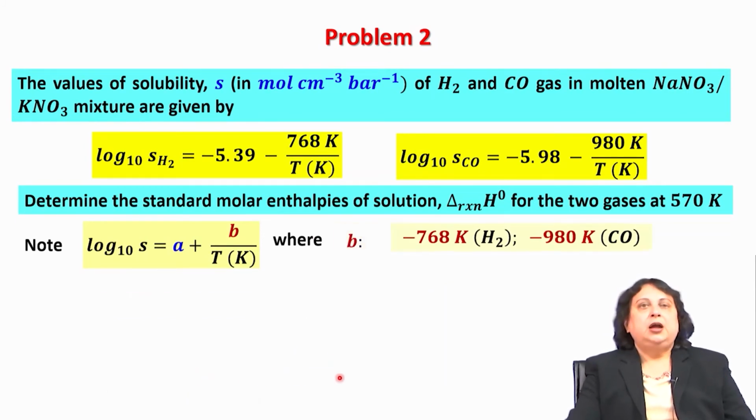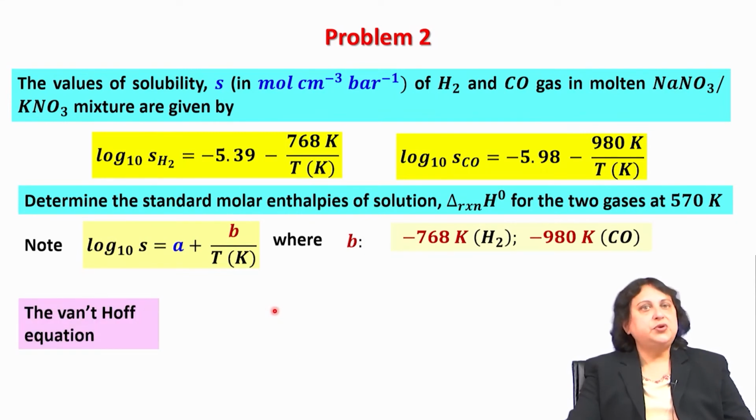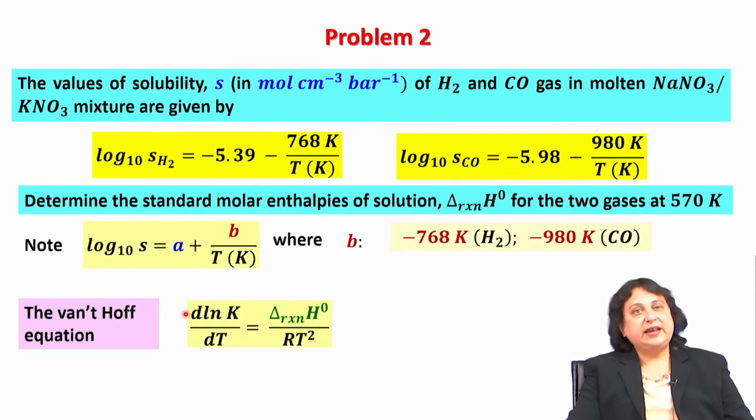Okay. Now, moving ahead, therefore, I have to understand that I can use the Van 't Hoff equation, which goes like this: if I take a derivative with respect to temperature of the quantity ln K, I should be able to find out the standard molar enthalpy of the reaction solution, but this would be divided by R T square.